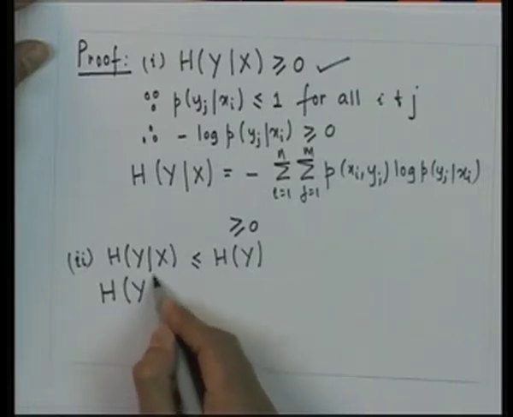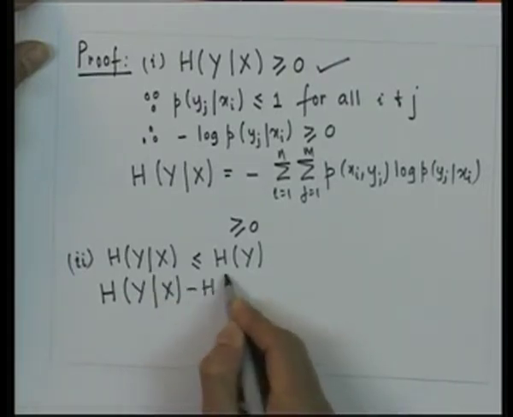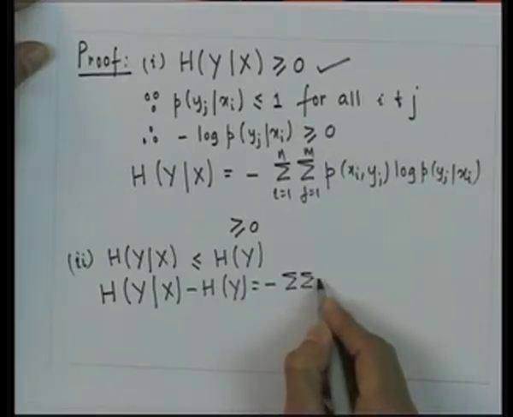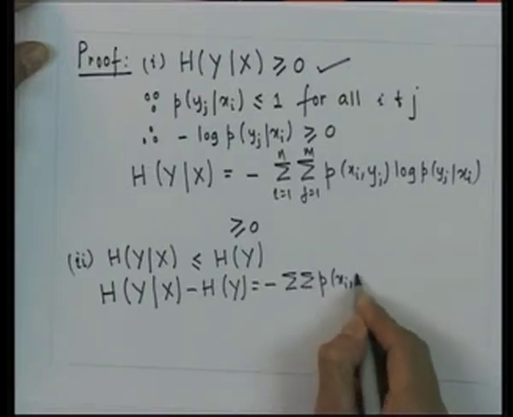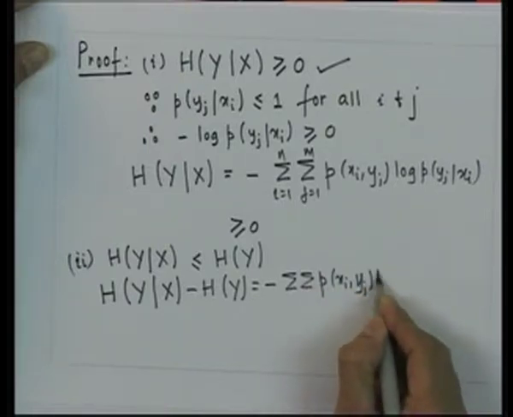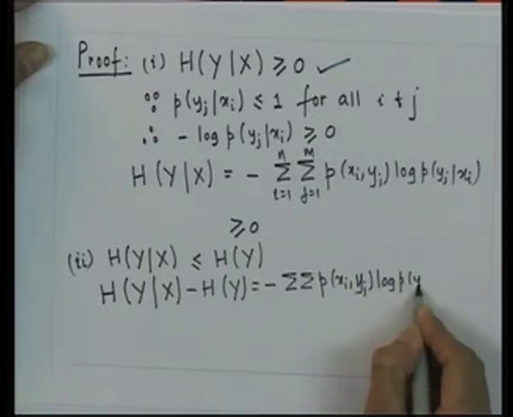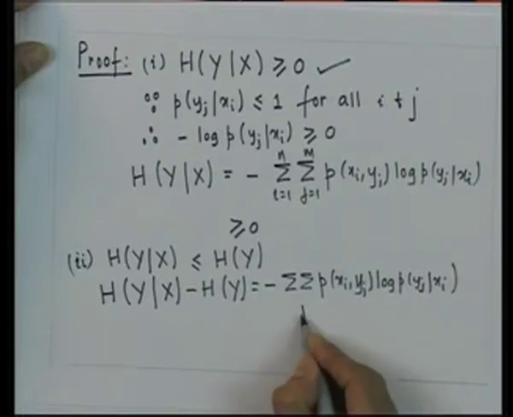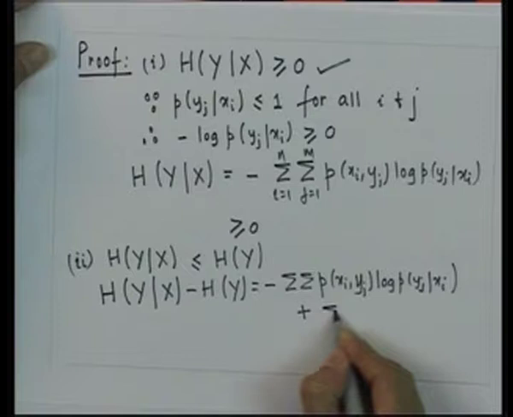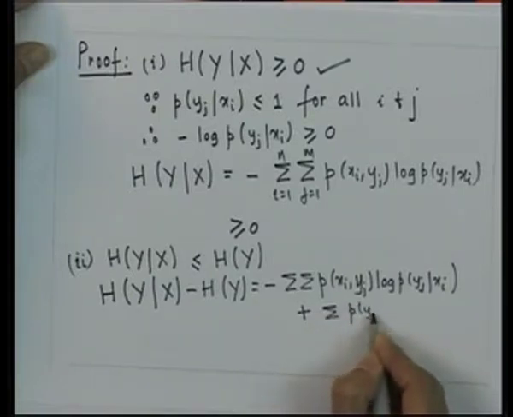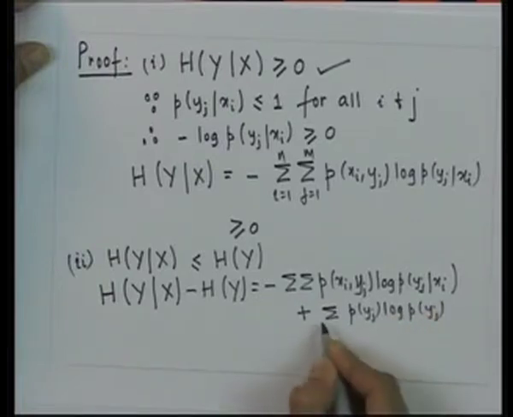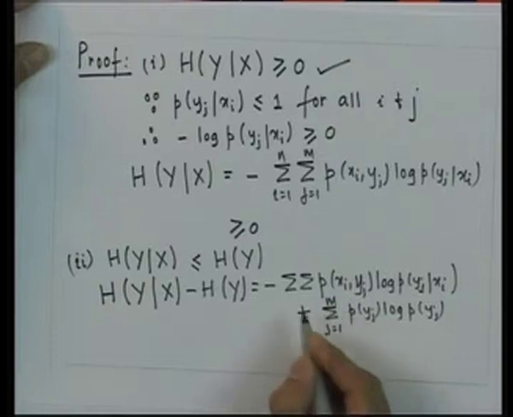We write the equation h of y given x minus h of y is equal to minus summation over probability of xi yj log of probability of yj given xi minus h of y, which is probability of yj log probability of yj, with i equal to 1 to n and j equal to 1 to m.